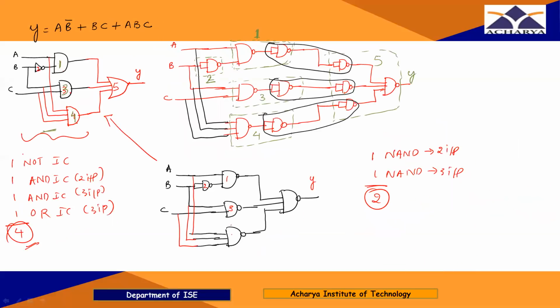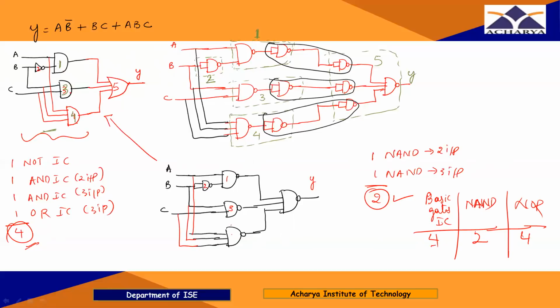But if you see here, NAND gate it need only 2, right? Basic gates, ICs required for NAND it is 2, and NOR it is 4, right? So that is why, see here, basic gates 4, ICs are 4, NAND is 2, NOR is 4.